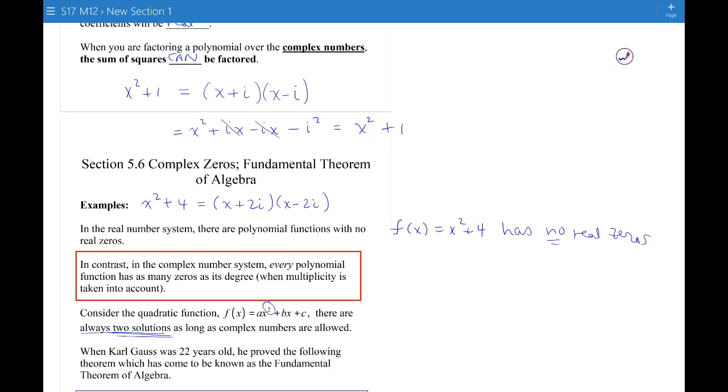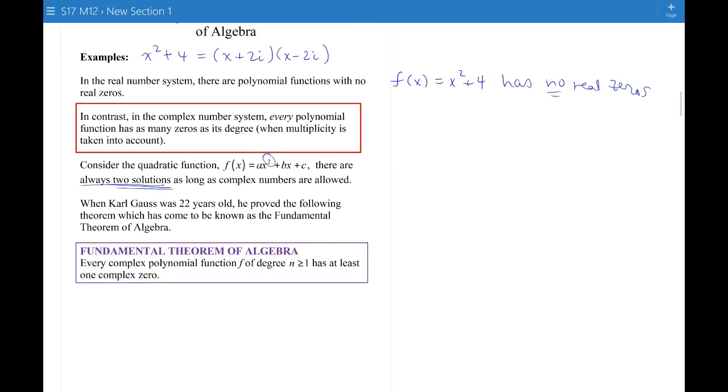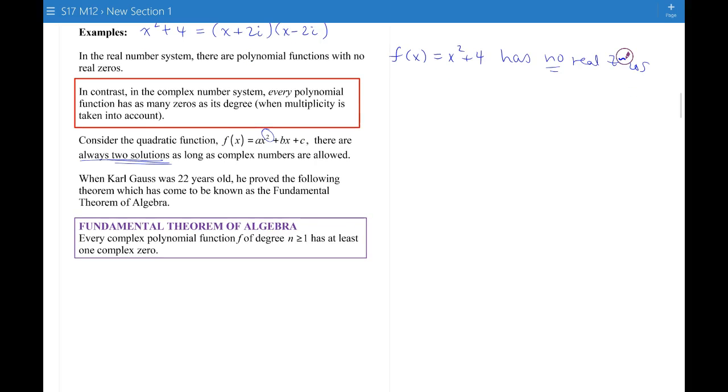There's a famous mathematician, Carl Gauss, and you hear his name come up again when you study magnetism. Gauss is one of the units that you use studying magnetism. When he was only 22 years old, he proved this theorem, which has come to be known as the fundamental theorem of algebra. It says every complex polynomial function f of degree n greater than or equal to 1 has at least one complex zero.